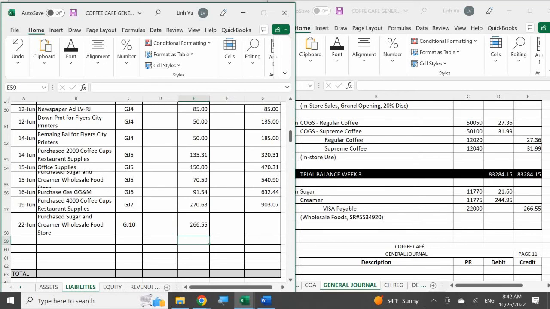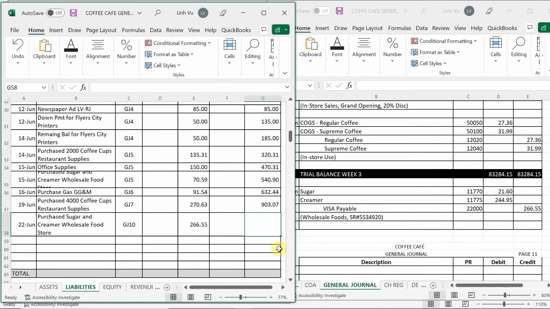So what's my grand total that I owe on my credit card? $11,169.62. Good. Okay.